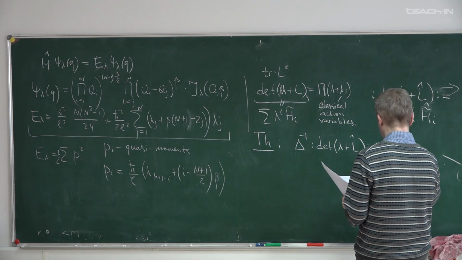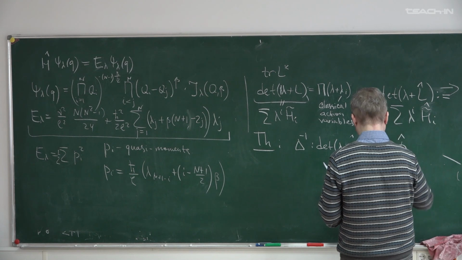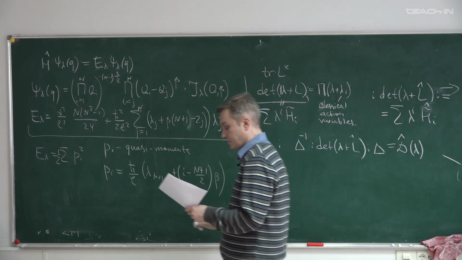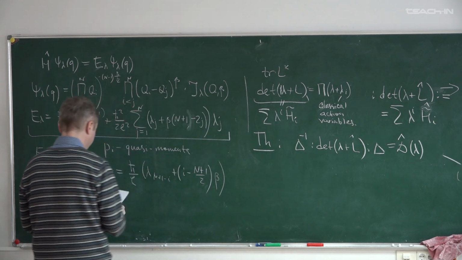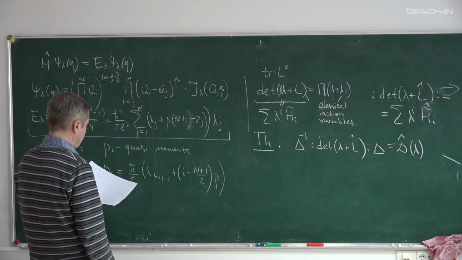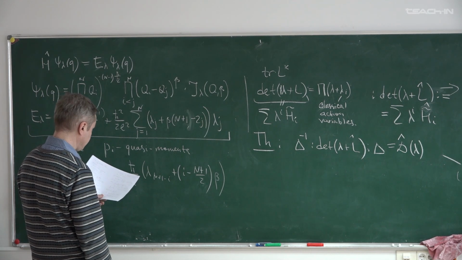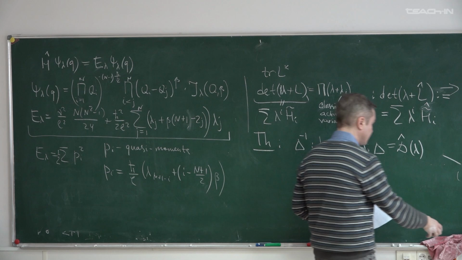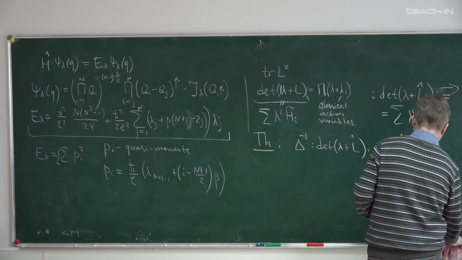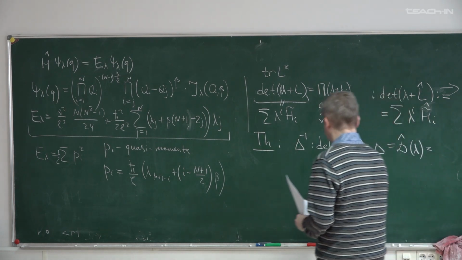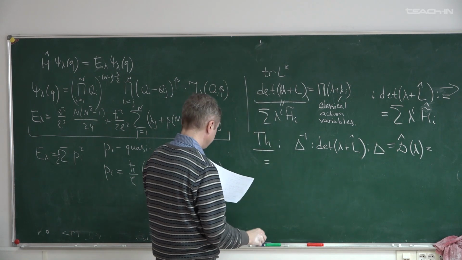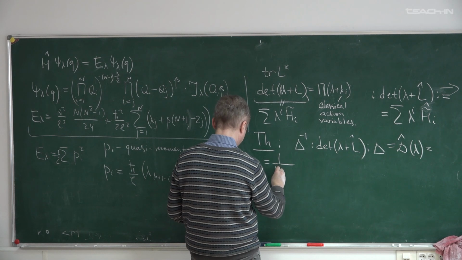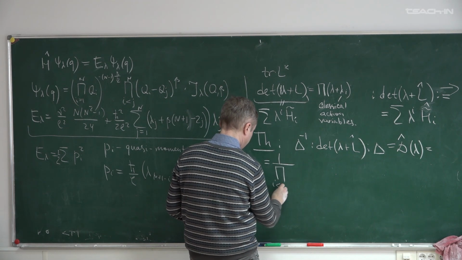Let us call it d hat of lambda. Then this d hat can be computed explicitly, and it has the form, let me write it explicitly.